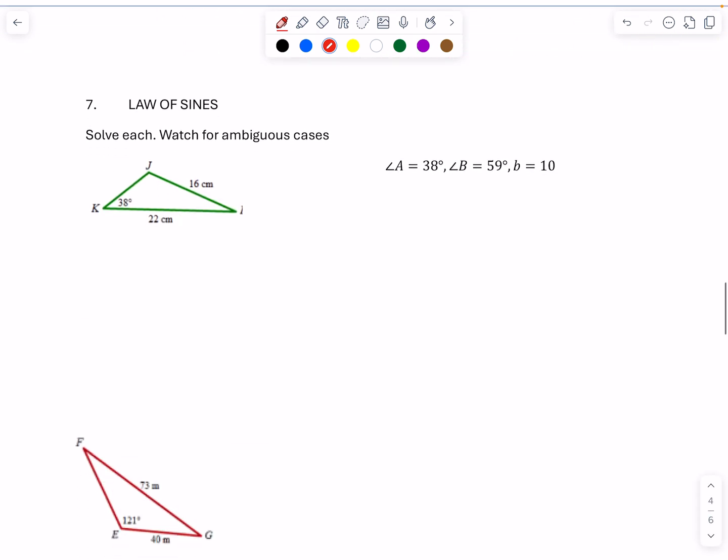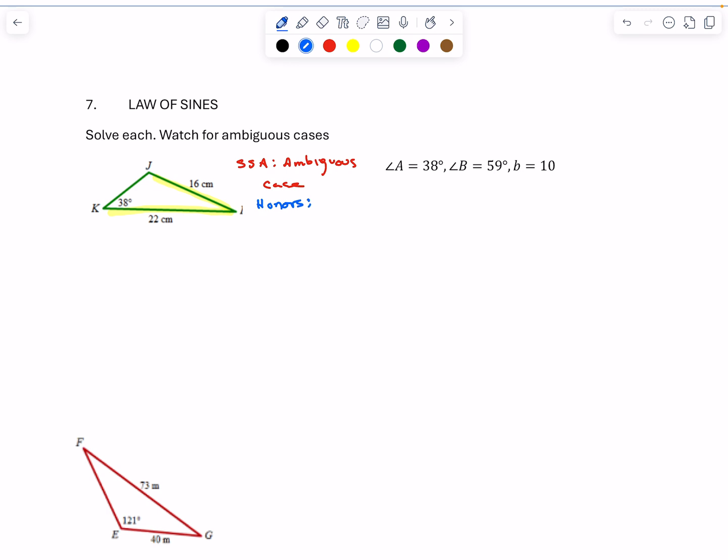Solving things with the law of sines. This one is an ambiguous case. It's SSA. So we check for the honors students.